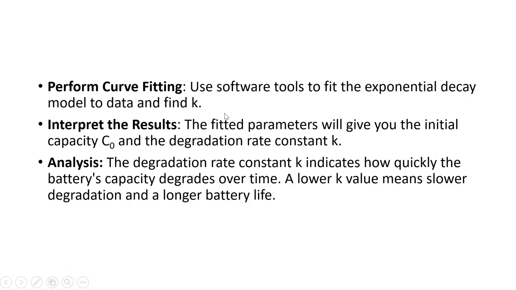Using a software tool, we fit the exponential decay model to the data and find k. The fitted parameters give us the initial capacity C naught and the degradation rate constant k. The degradation rate constant k indicates how quickly the battery capacity degrades over time. A lower k value means lower degradation and a longer battery life.